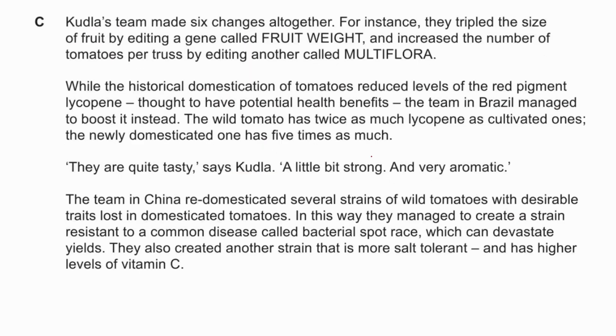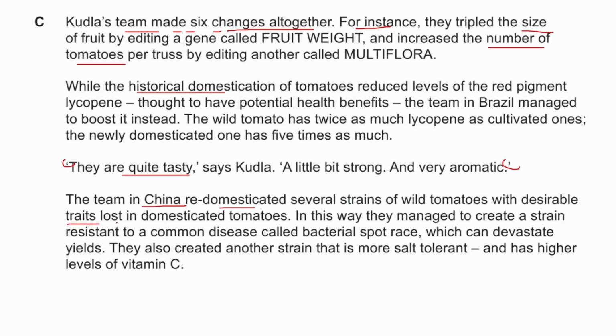Next paragraph, it's about one team that made 6 changes, so we might find some information about size here, and also the number of tomatoes, historical domestication. We have one quotation here, so one person said something about tomatoes, they're tasty. The team in China, desirable traits.